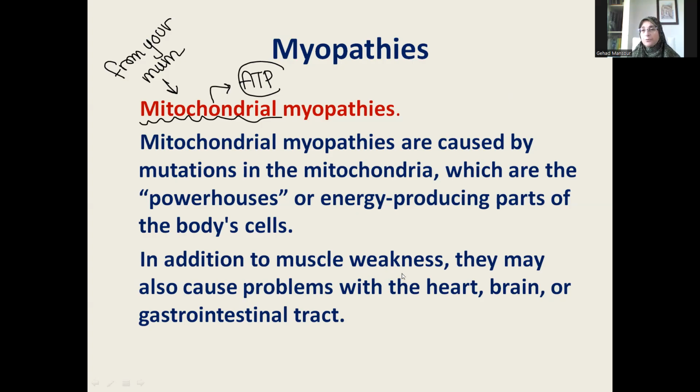And ATP, as you know, is essential for muscle contraction. This deficit in ATP will result not only in weakness of the skeletal muscles, but also weakness of the cardiac muscles. The lack of ATP might also affect brain function. Muscles in the gastrointestinal tract might also be affected.